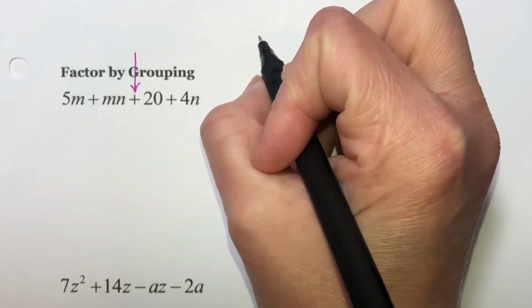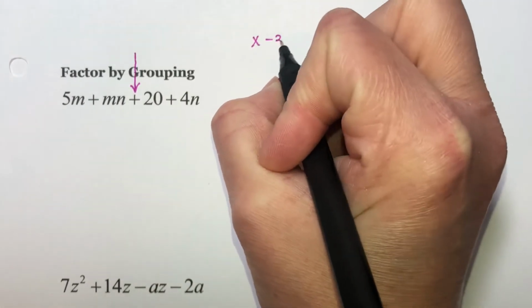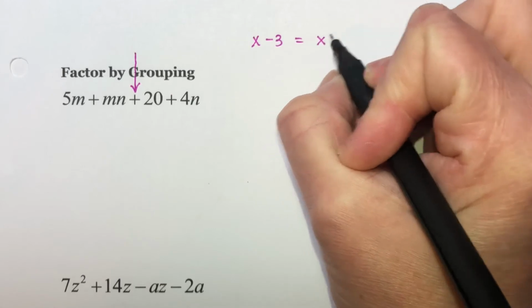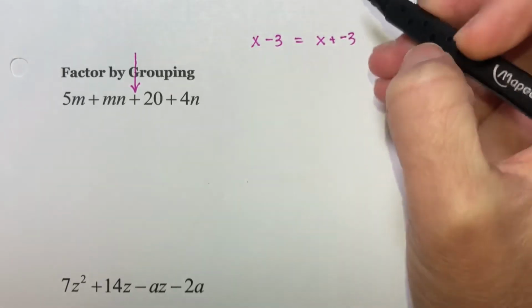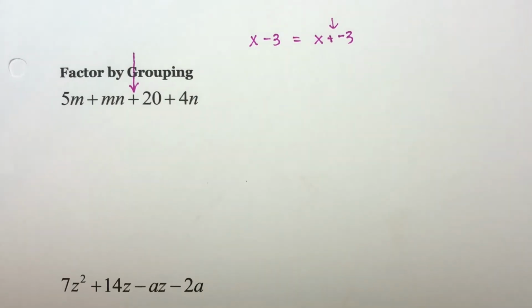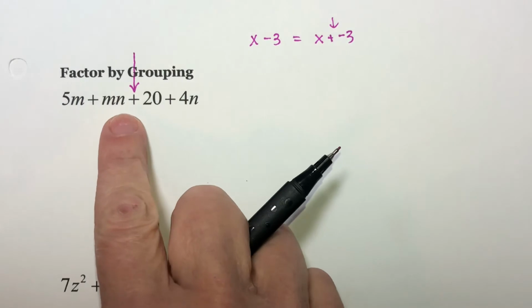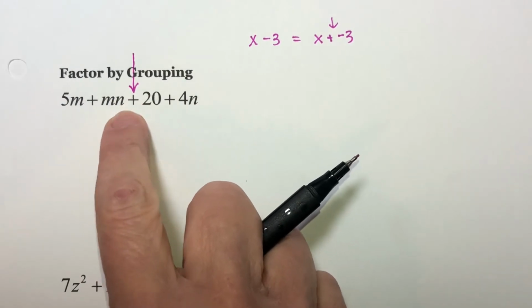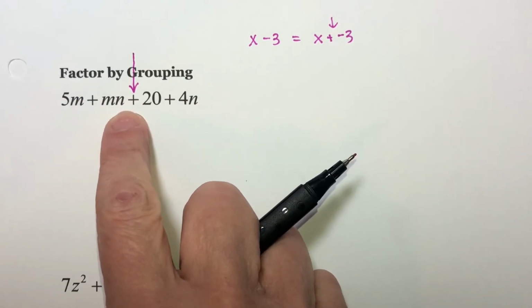So if I gave you x minus 3, this is the same thing as x plus negative 3. This will be the trick we use sometimes. Sometimes we will reorder, okay? All right, so on this problem though, I have my plus sign in the middle, so everything is good.